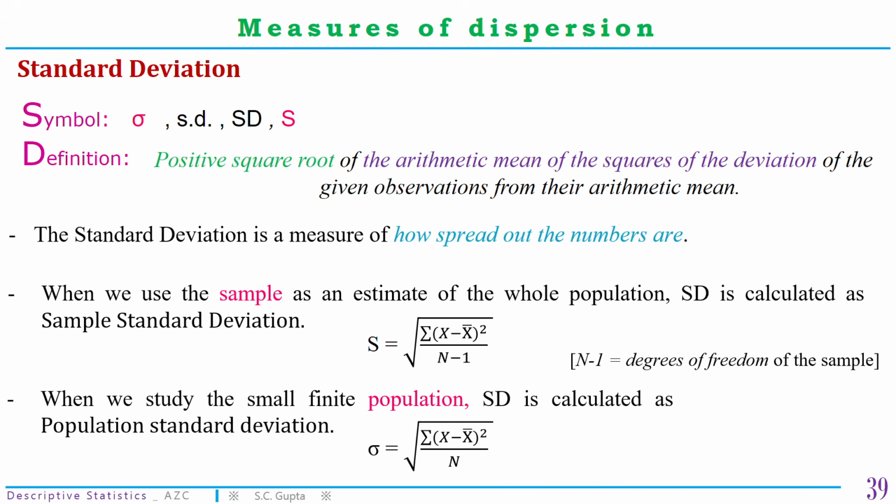In the equation of sample standard deviation, n minus 1 indicates the degrees of freedom of the sample. N is the number of all possible values in the population. The use of n minus 1 rather than n in the calculation of the variance of a sample makes the sample variance an unbiased estimate of the population variance. This is the concept of degrees of freedom.